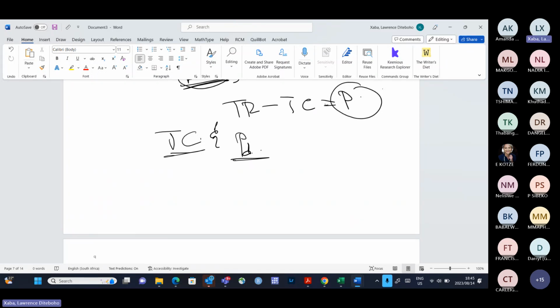So we have to calculate our profit. So the given example says TC is equal to 200 plus 3Q and P subscript D there is 107 minus 2Q.